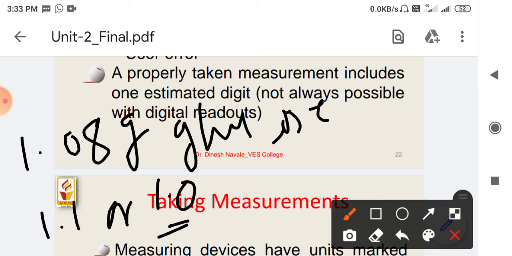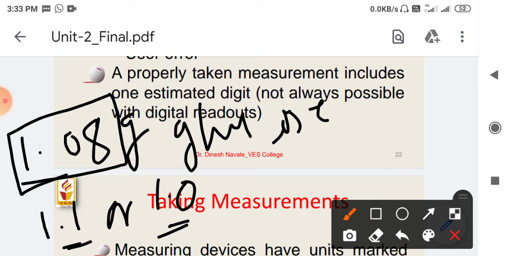I have to get something in between, but exactly how much should I get? I should get 1.08 gram of glucose, but I can measure at most 1.1 or 1.0.